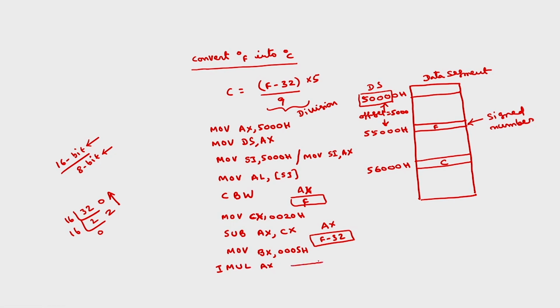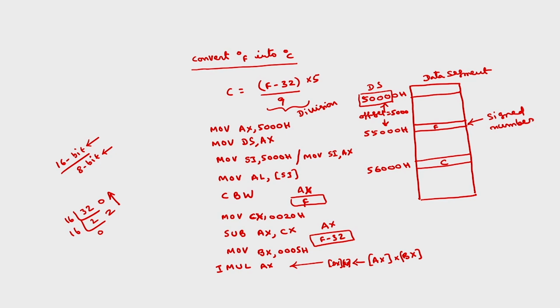So what is the operation here? AX and BX will be multiplied, and the result is stored in DX AX. Okay. Now in DX AX we will be having the 32 bit result of this 16 bit into 5.